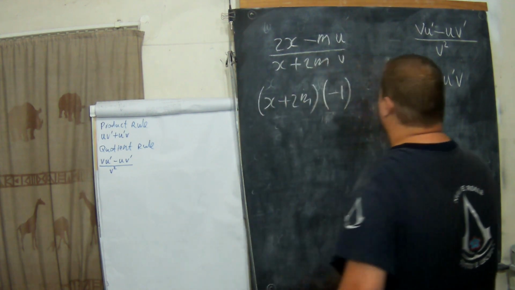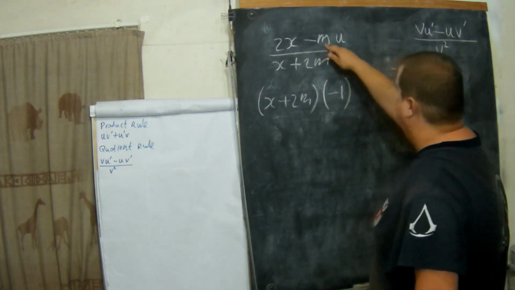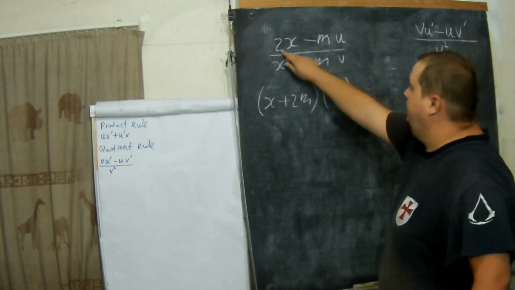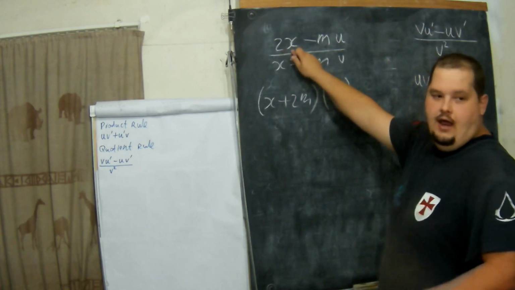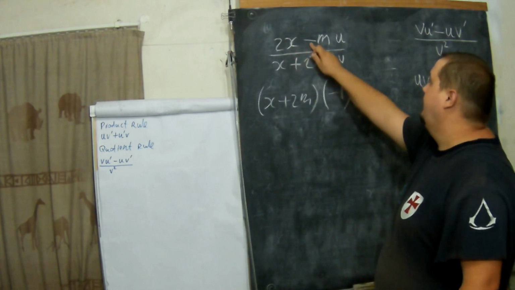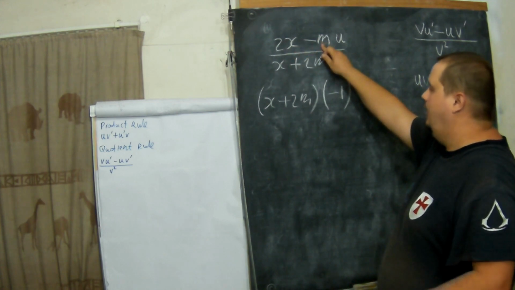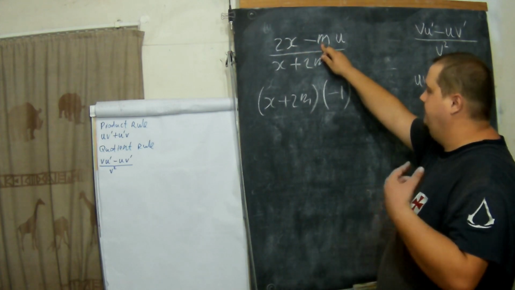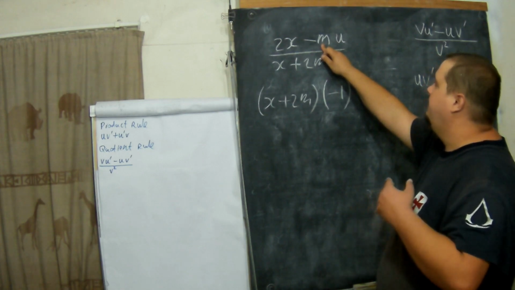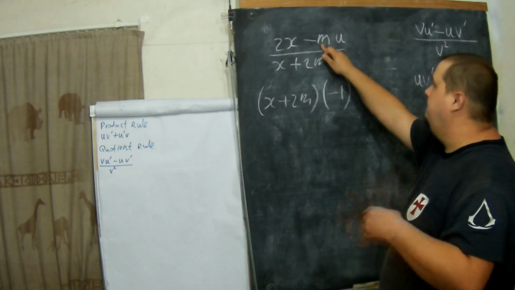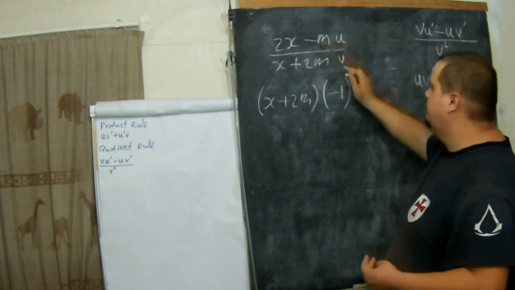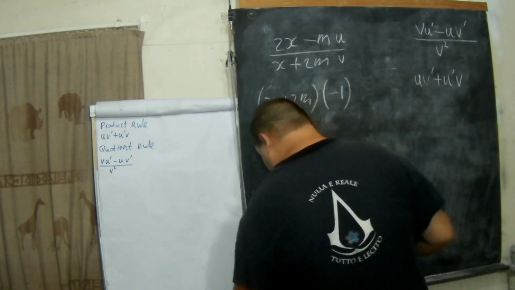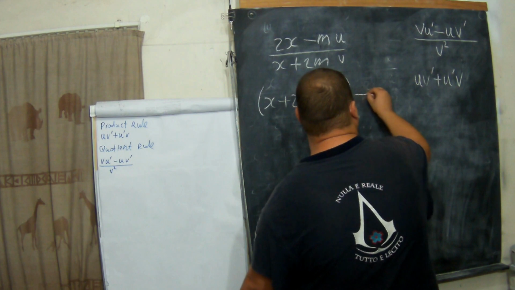Right, because we're doing this with regard to m, so 2x becomes a constant, and a constant becomes 0. So if we regard m as the same as we do x, then that derivative of m becomes minus 1. So that's minus 1.